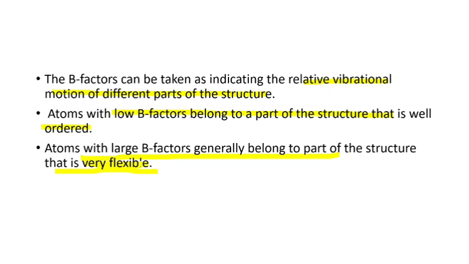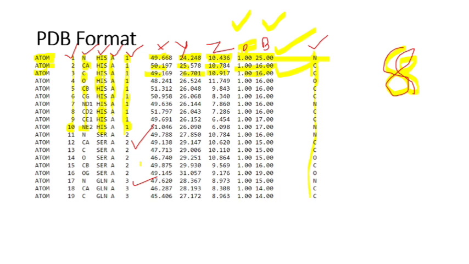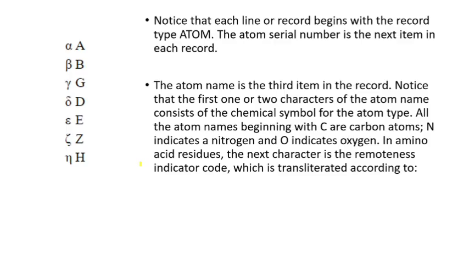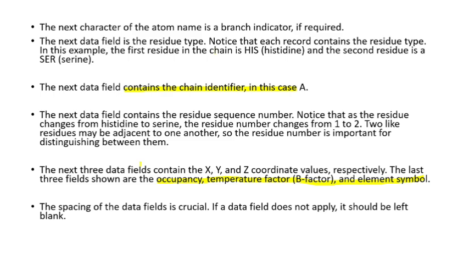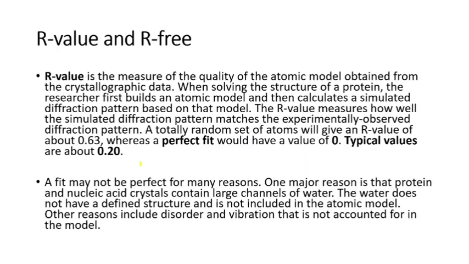Is there any vibrational motion occurring within the atoms so that the structure becomes more unstable or flexible, or is the structure highly ordered with a low B factor? So these all things are described in the PDB format. Discovery Studio or RASMOL take this file and convert it into the 3D structure, as we have seen in Discovery Studio. So this is all about the PDB file.